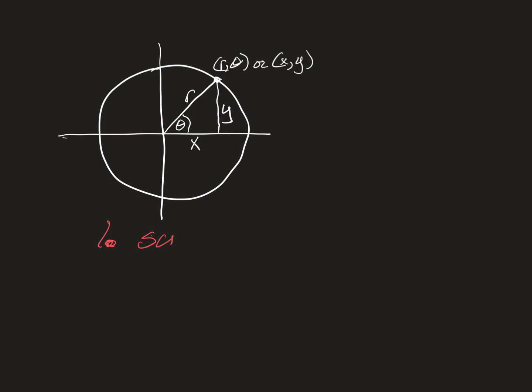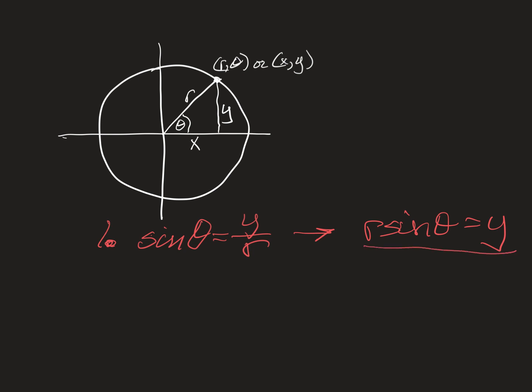We could say the sine of theta equals y over r. And so we're going to want to solve for y or solve for x. So this will lead us to r sine theta equals y. And this is just our normal opposite over hypotenuse formula, but it leads to something where we can take r and theta and convert them to a y.